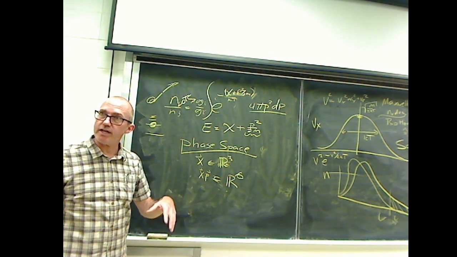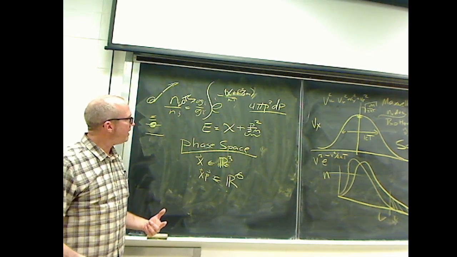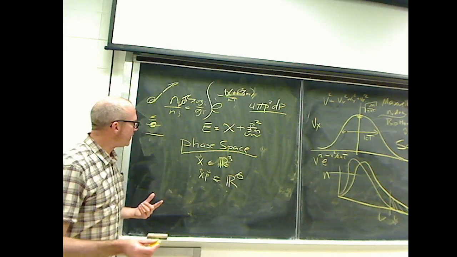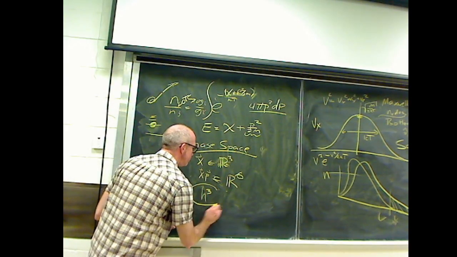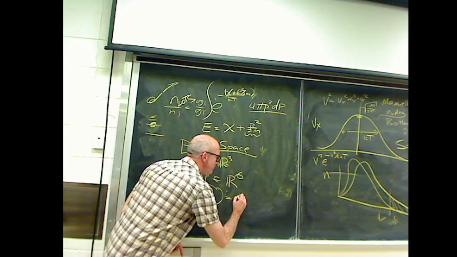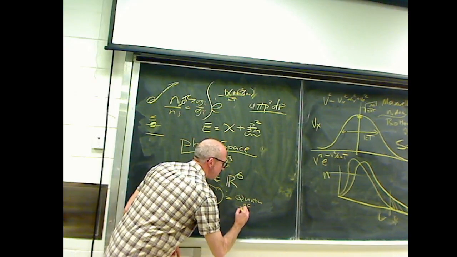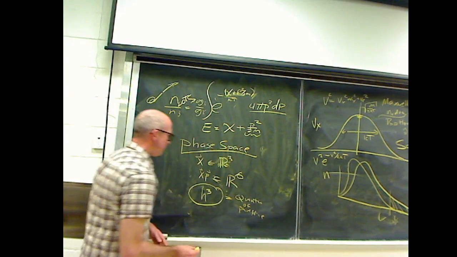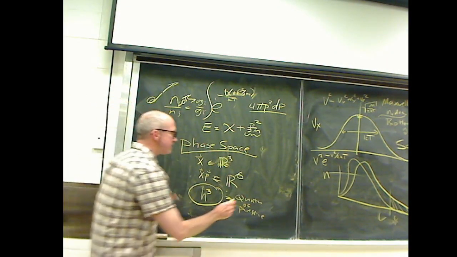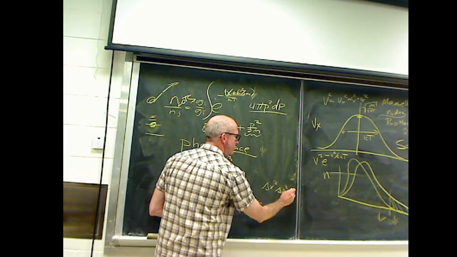So now I'm talking about all the possible configurations that I could have. And how big is a volume element of phase space? A volume element of phase space is h cubed. This is the quanta of phase space. It is like a little delta x cubed times a little delta p cubed.